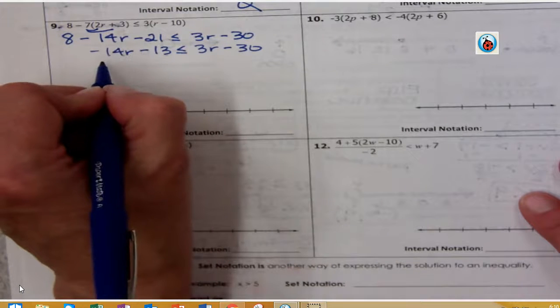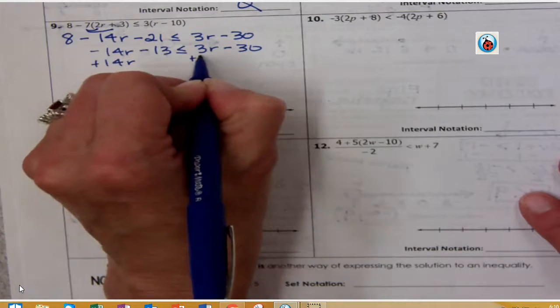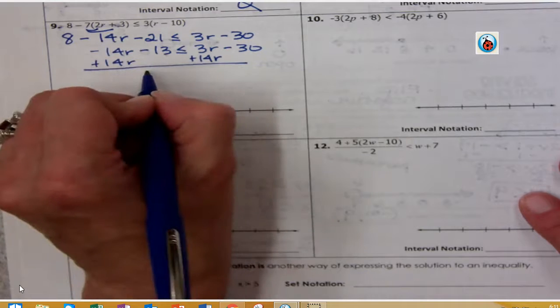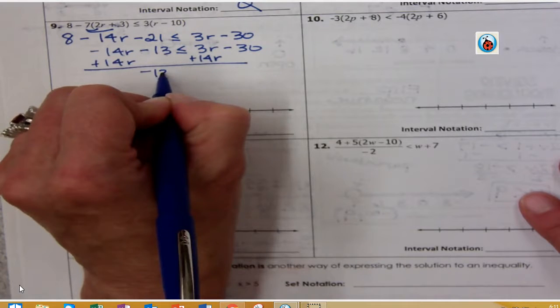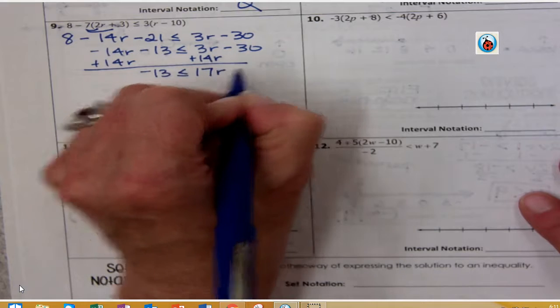I'm going to add 14r. Why am I adding 14r instead of subtracting 3r? Because I like to keep this positive in the classroom and in math, if I can. 17r.